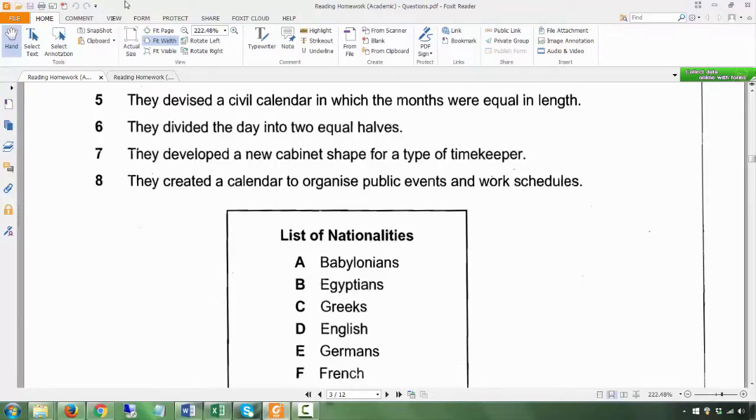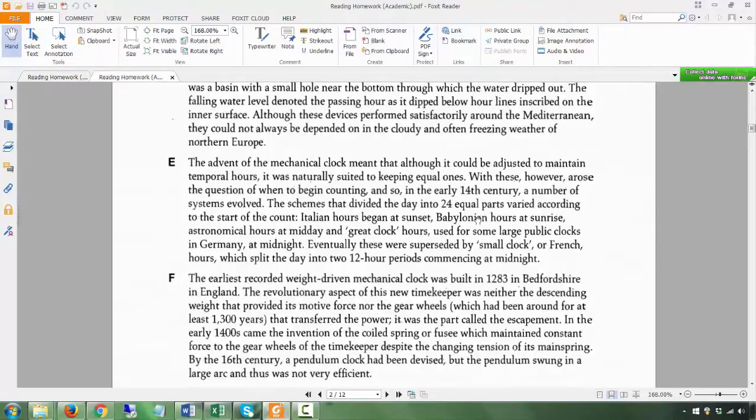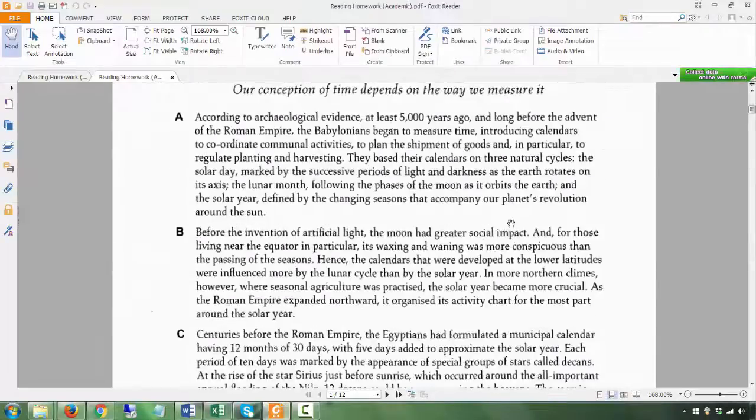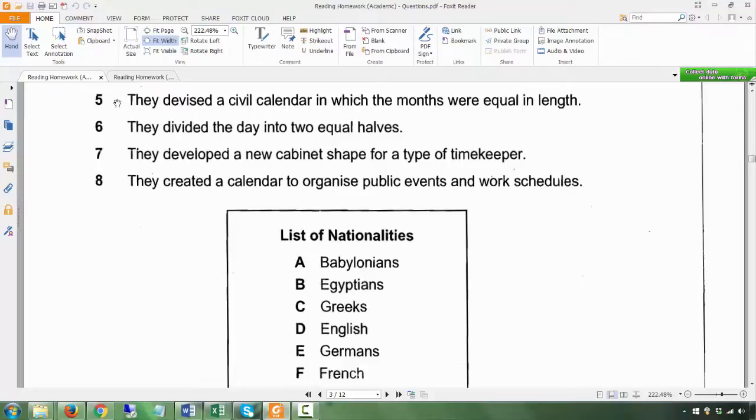In this case, we don't have people's names, but we have Babylonians, Egyptians. So even just now, we came across Babylonian hours. Maybe there are other Babylonian words. Okay, so Egyptian. So they devised a civil calendar in which the months were equal in length. Some keywords: civil calendar, months equal in length. The answer is B, Egyptian.